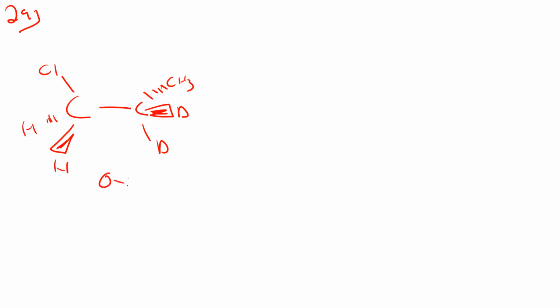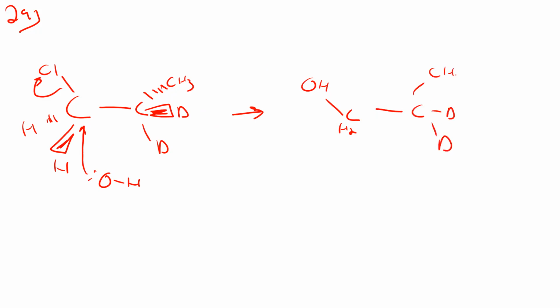We have this OH group. It's going to come in. Chloride's a good leaving group. So then we're going to form the product. It says select the option.